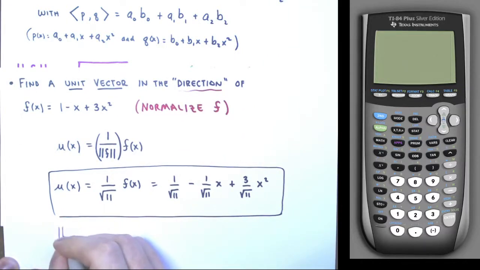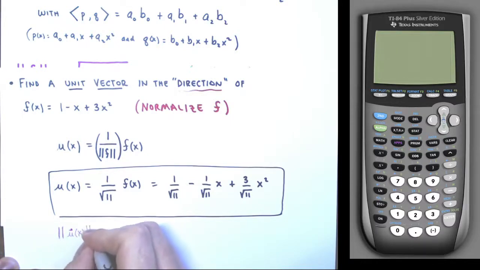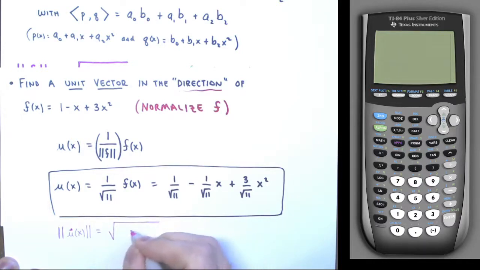The norm of this vector, u of x, should be equal to, again, the square root of the inner product of u with u.